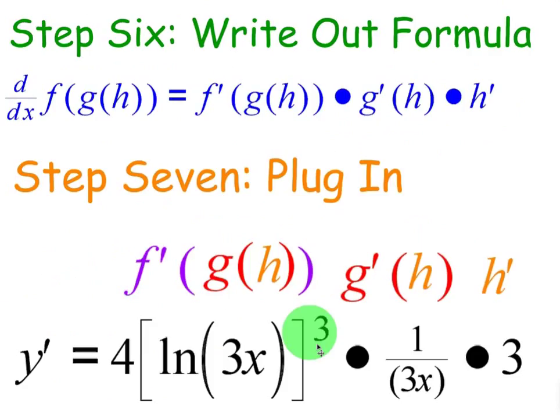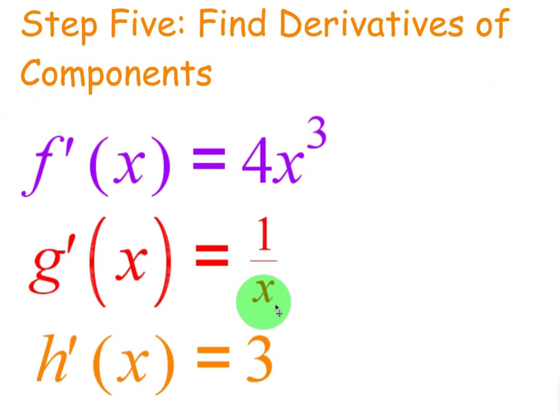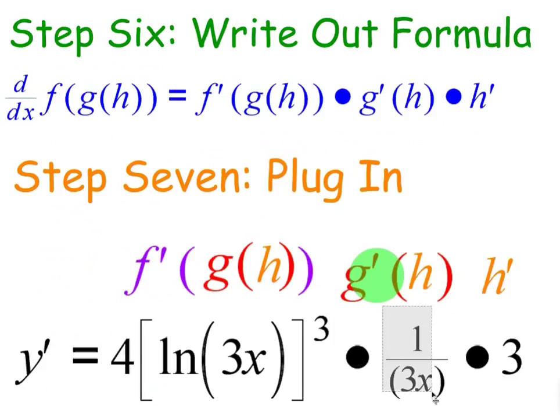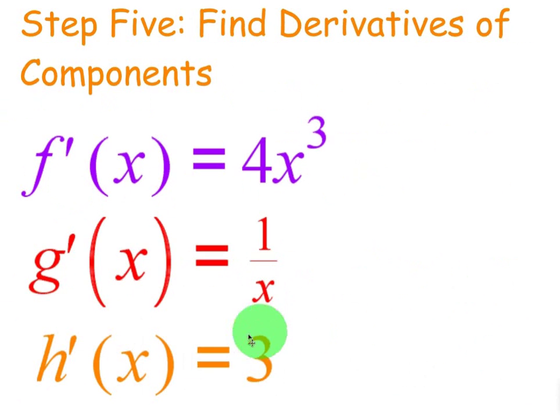Now when I do g prime of x, g prime was 1 over x, and since it's 1 over x, I'm going to be replacing x with h, and remember h was 3x, so it's going to be 1 over 3x for that part of the formula. And then times the derivative of the innermost layer h, which we found to be 3, right there.